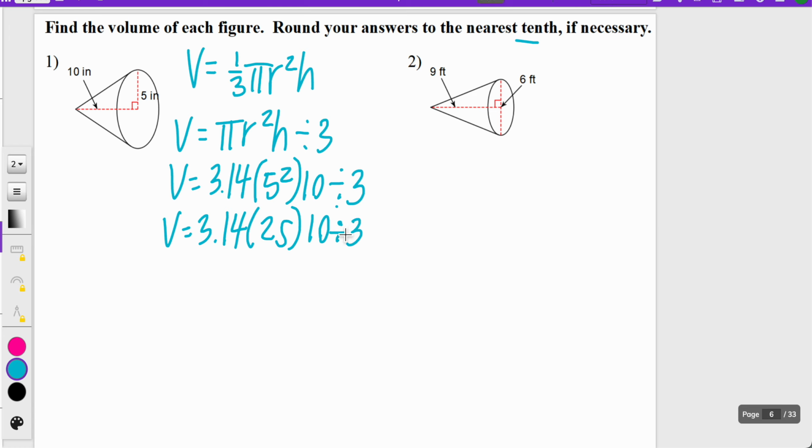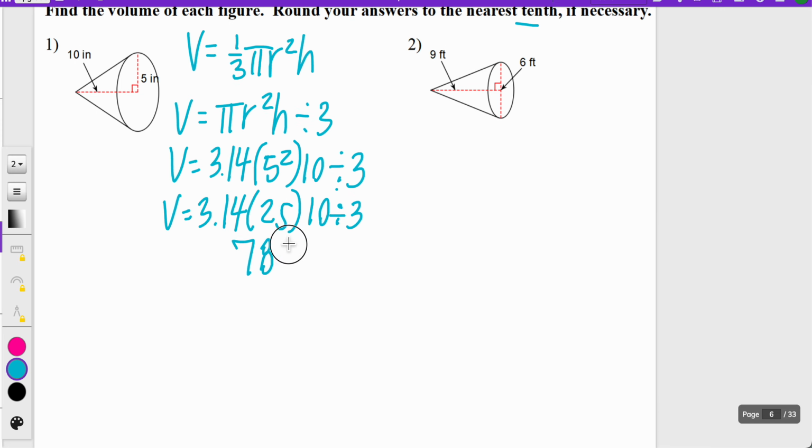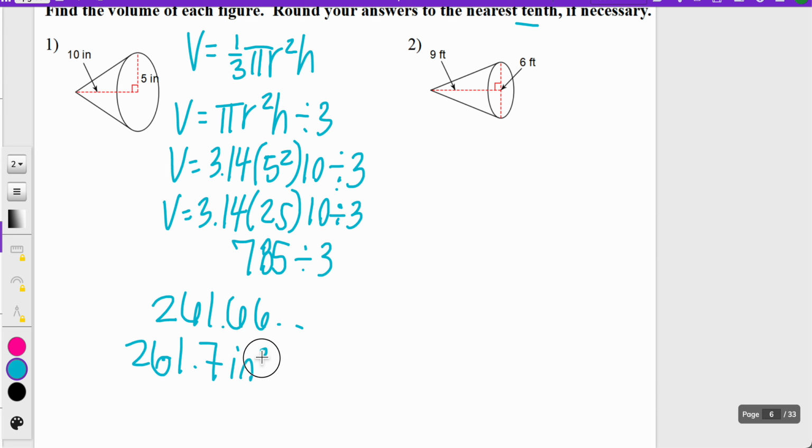So I'm going to multiply first: 3.14 times 25 times 10 is 785. If this was a cylinder, I'd leave it like that, but now I need to divide by 3. So I'm going to get 261 with a lot of 6's repeating, so we can just round that to 261.7 inches cubed.